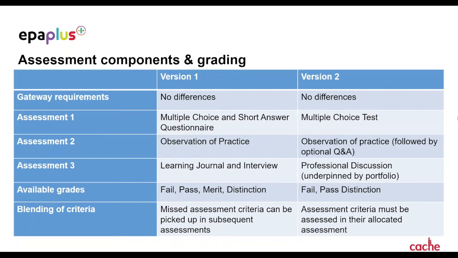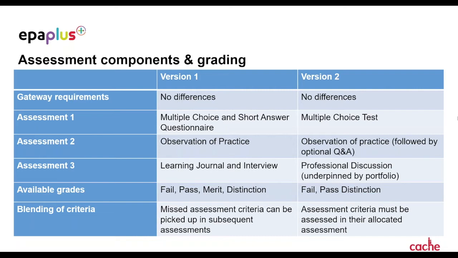Now, the first assessment on version 1, which is the one that you're mostly familiar with, used to be a multiple choice and short answer questionnaire, but now with version 2, that's moved just to a multiple choice questionnaire. What that means is that the short answer questionnaire that used to contain the pathway specific questions has been removed, and there's now a number of pathway specific questions within each of the multiple choice tests.